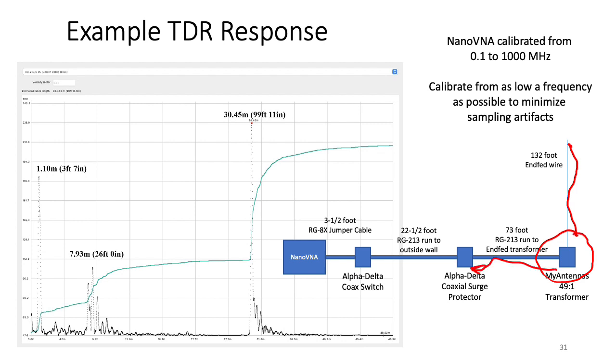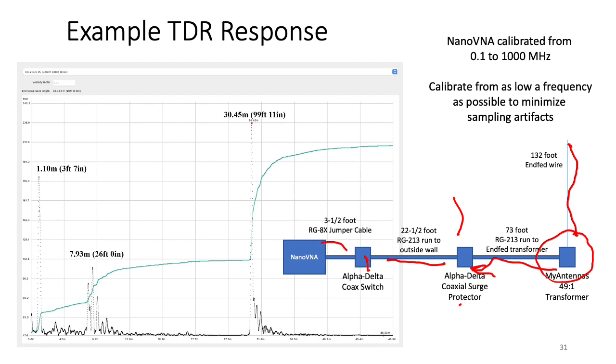That is followed by a 73-foot run of RG213 to the outer wall of my shack, at which point there is an Alpha Delta coaxial surge protector. Another 22.5-foot run of RG213 within the shack goes to my Alpha Delta coax switch, which allows the antenna to be used on multiple rigs.